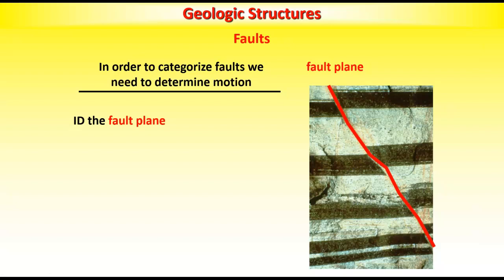So did this right upper part move up, or did this go down? Or was it a little bit of both? The problem is we can't tell because we didn't see it move. And so it could have been one of those 3 things. The block up here moved up, the block here moved down, or a little bit of both.